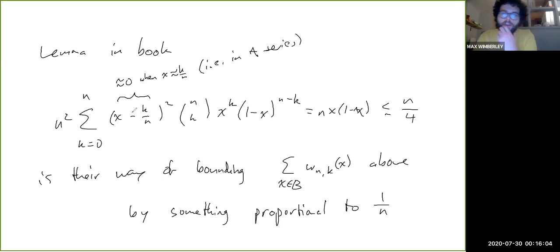But in the B series, this is actually some larger number. If you divide both sides by n squared, you'll get a 1 over 4n here, right?